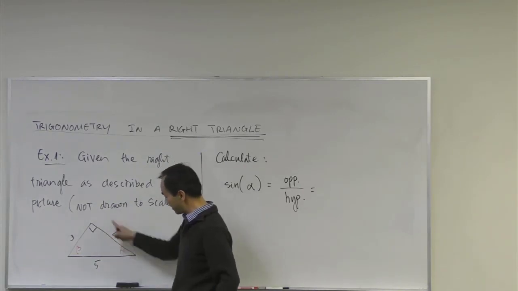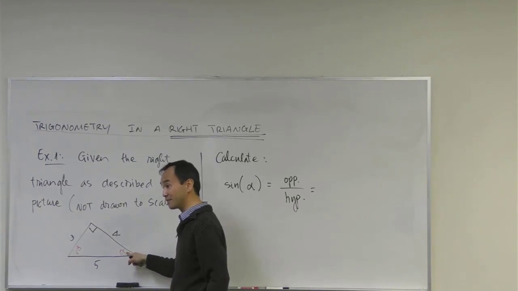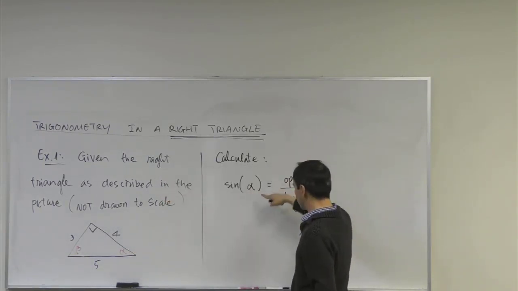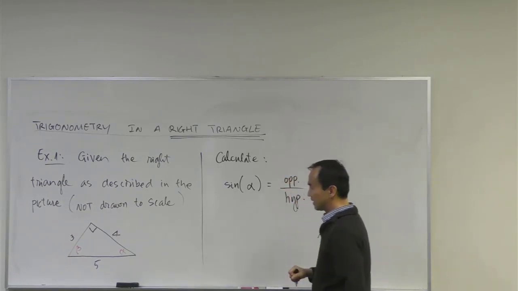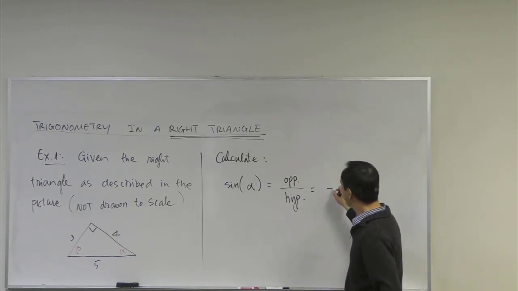In the way I drew my triangle, you have chosen this angle, and here is alpha. If we want to calculate the sine of alpha, the rule of thumb is whoever is the opposite of alpha, we put that over the hypotenuse. So how big is the length of the opposite? It's 3, right?